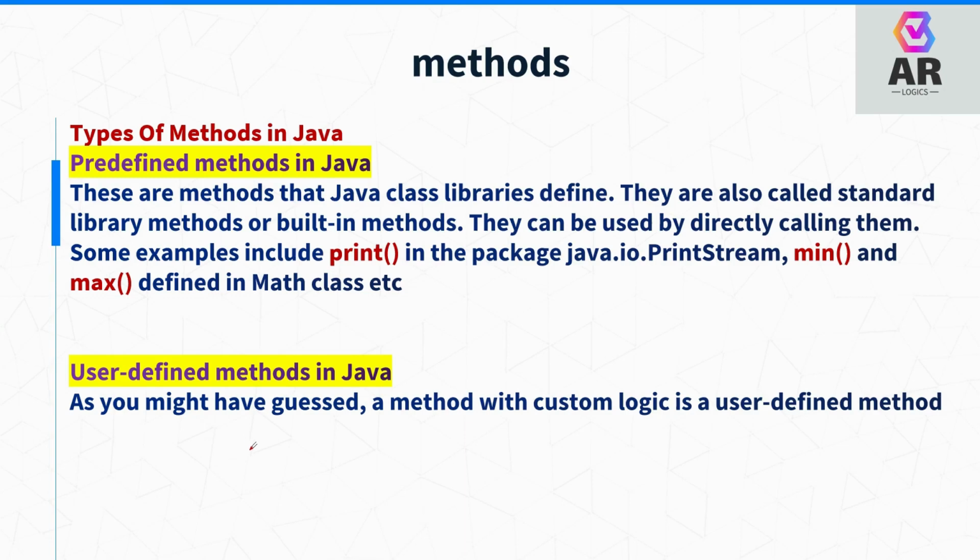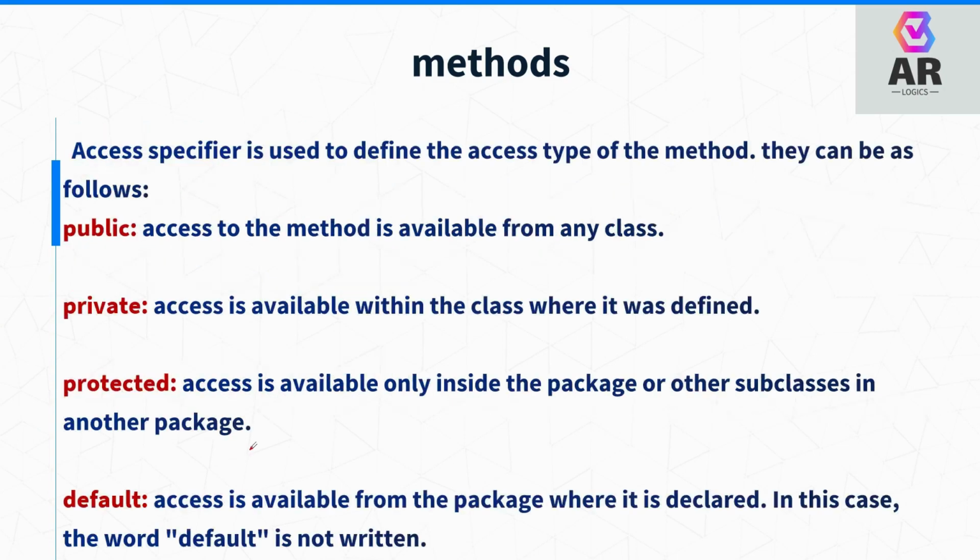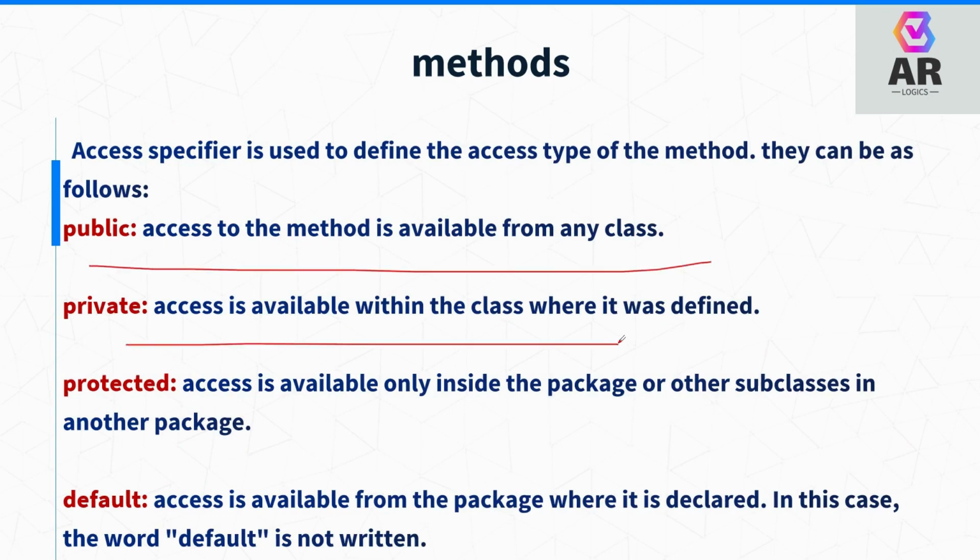Now I can explain public, private, and protected. Public means the method is accessible from any class, and private means we can access the variable or method only within the class. Protected means we can access within the package, and default is the same.